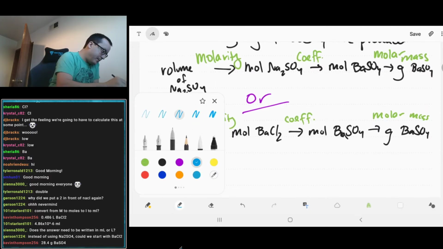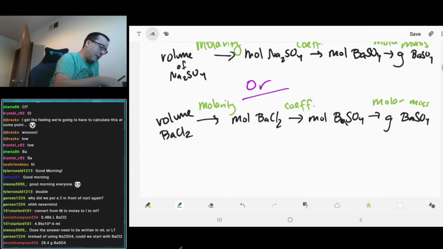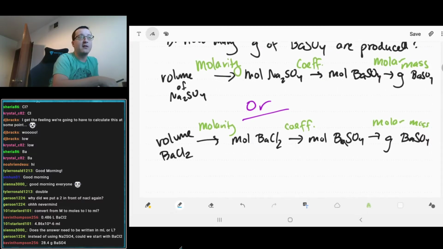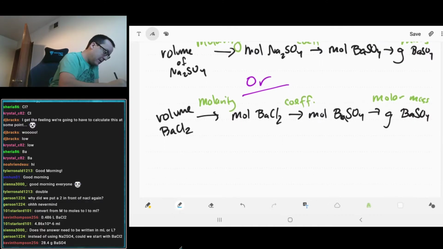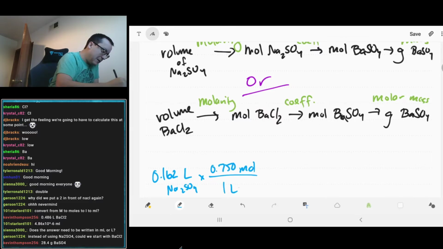So let's set it up. I'm going to just follow the top path. But again, you could use the bottom path. That would work too. What was it? 0.75 moles, 1 liter.